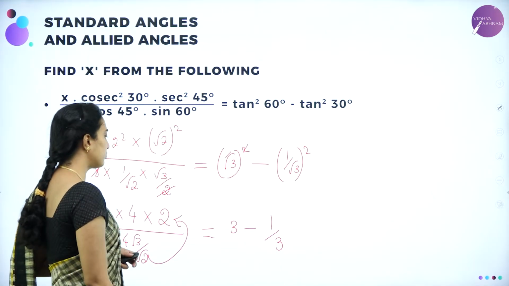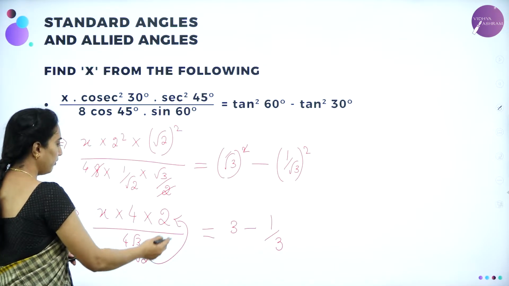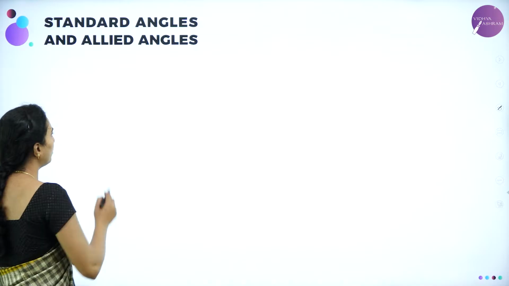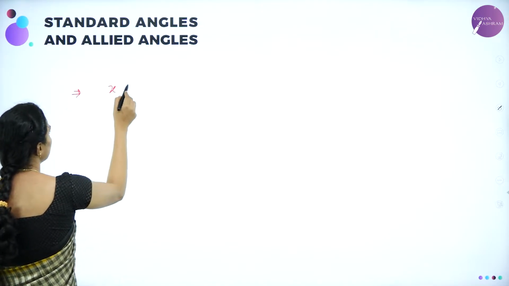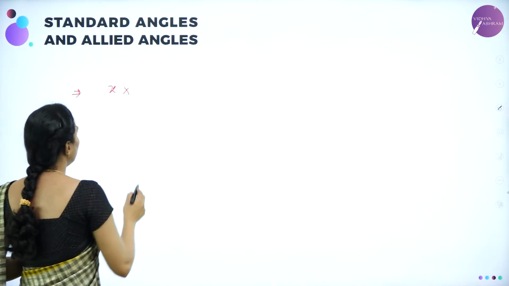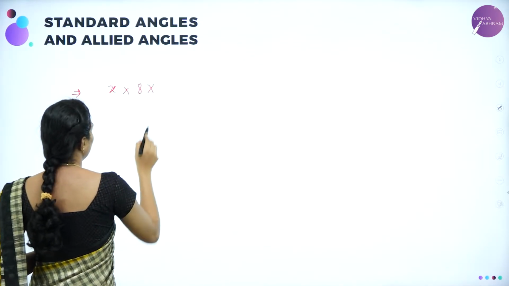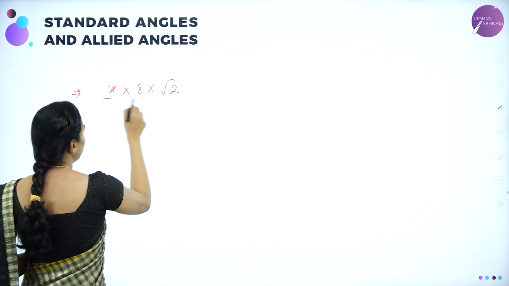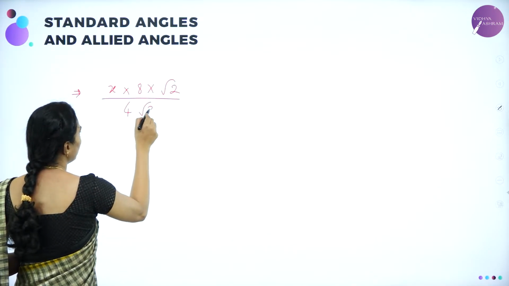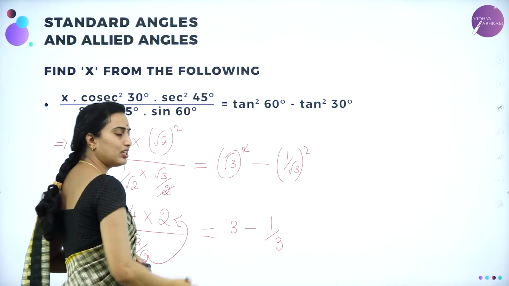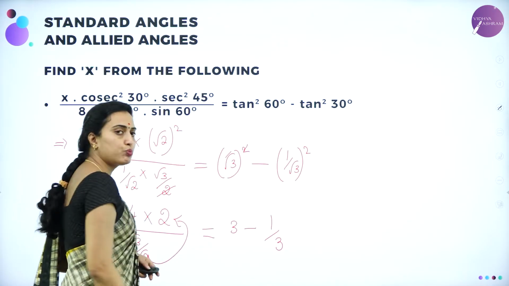So let us solve this further. Now root 2 will go to the numerator, you have x into 4 into 2 into root 2, which implies x into 4 into 2. What is 4 into 2? Which is 8, into root 2 divided by 4 root 3, which is equal to, I can take the LCM here, 3 threes are 9, 9 minus 1 is 8.